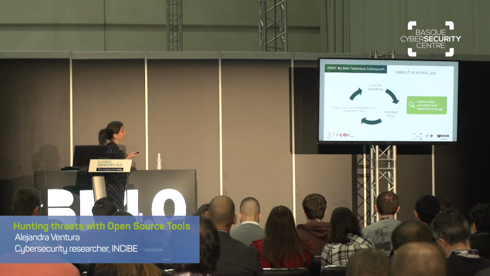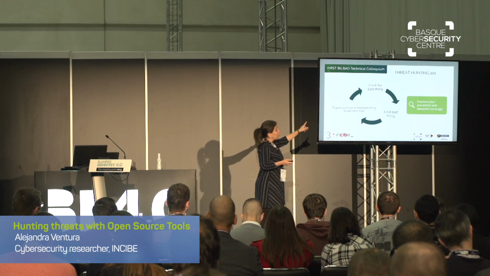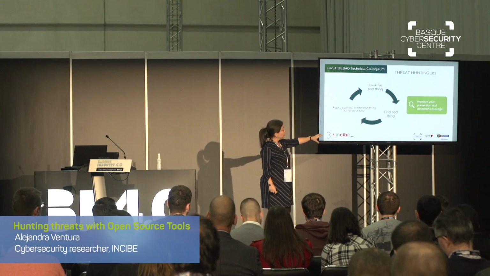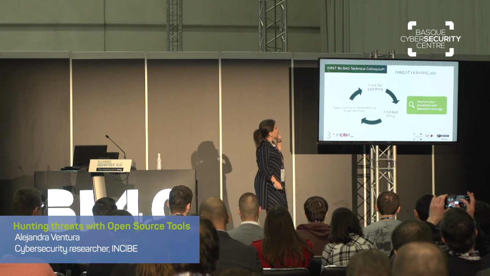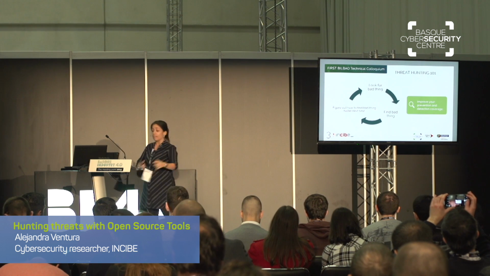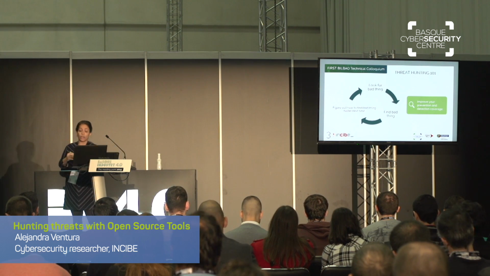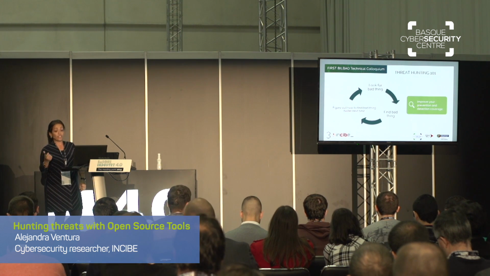What can we see on this slide? We are looking for bad things. When we find that bad thing, we need to figure out how to find it faster next time. And the main focus of threat hunting is to improve your prevention and detection coverage.